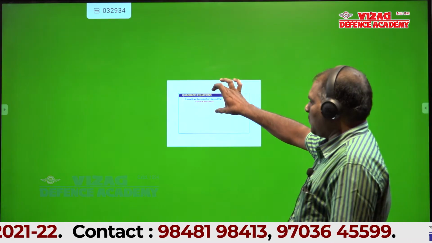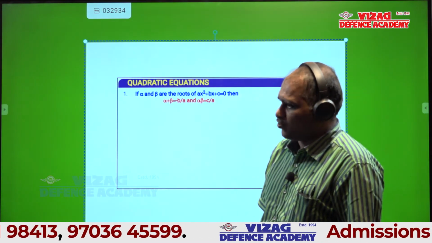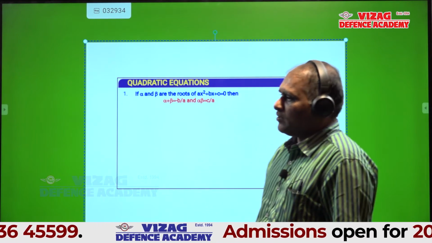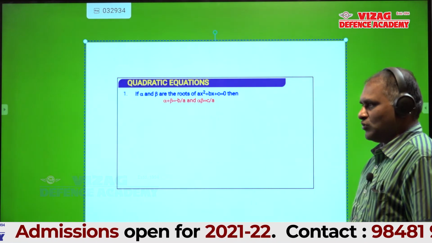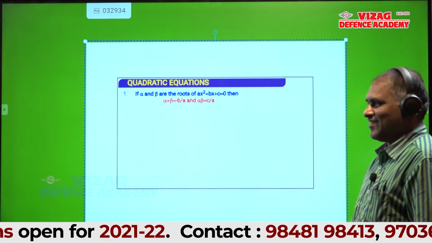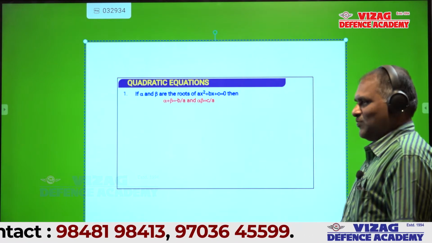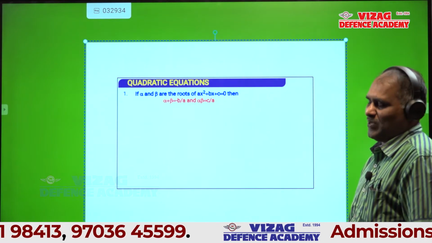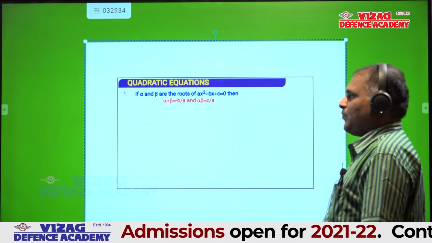What is the relation between the roots? Alpha plus beta is equal to minus b by a. Alpha into beta is equal to c by a. Very good.